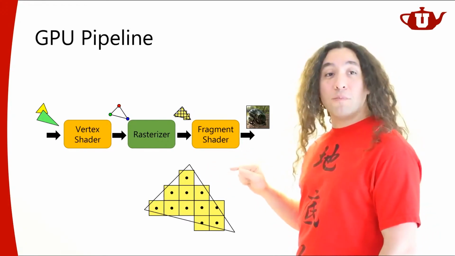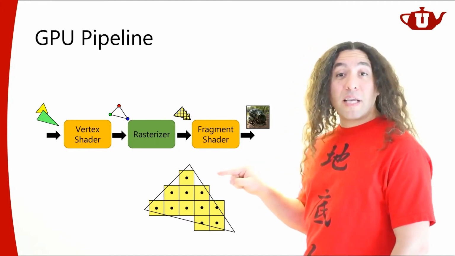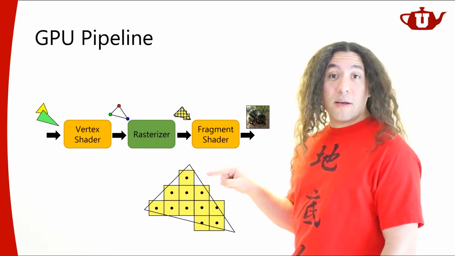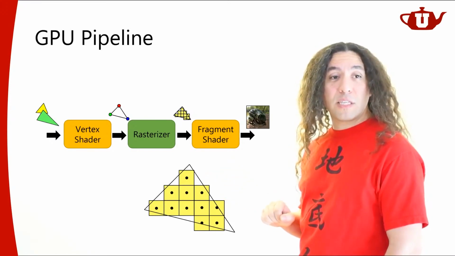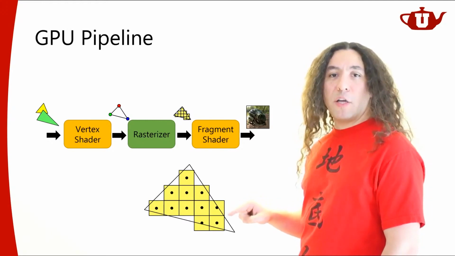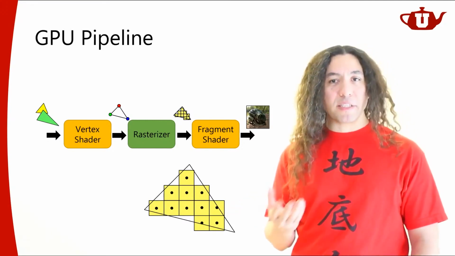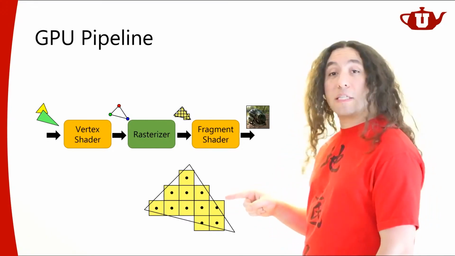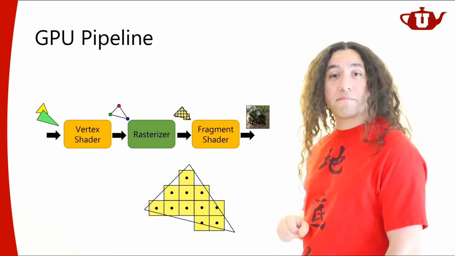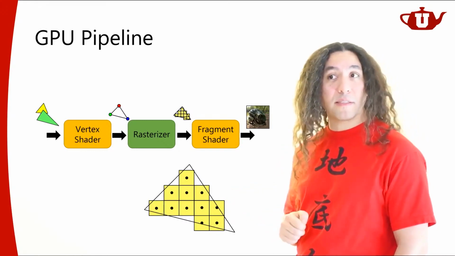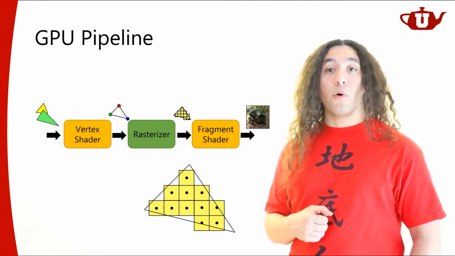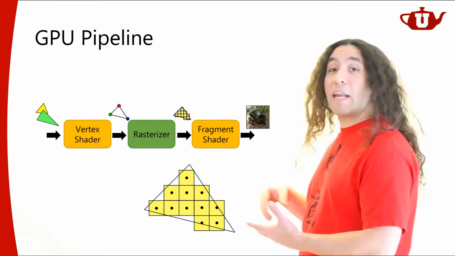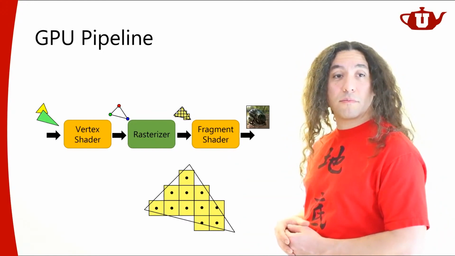And the GPU will compute the barycentric coordinates for the centers of these pixels for these fragments, right? And if I know the barycentric coordinates of these points that correspond to the centers of these fragments, then I can use those barycentric coordinates for interpolating any of my vertex attributes.